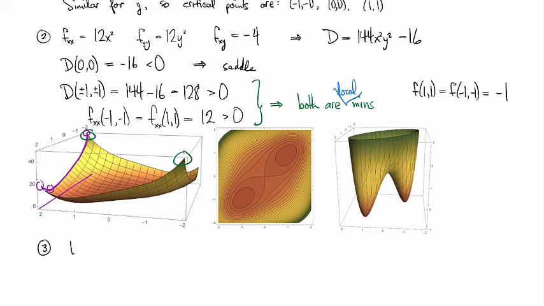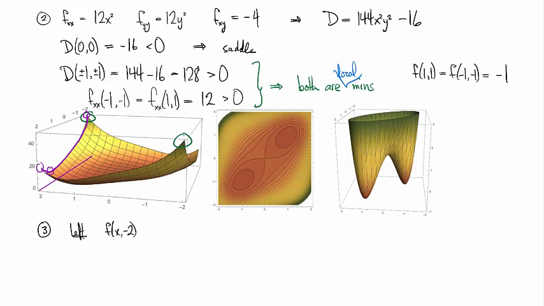Okay, so if we check the left boundary, then this is going to be where we look at f of x, minus 2. Oh, I just realized I plotted my picture with the axes backwards. I guess I'm giving you the backside view. Sorry about that. It's the backside of pants. Okay.